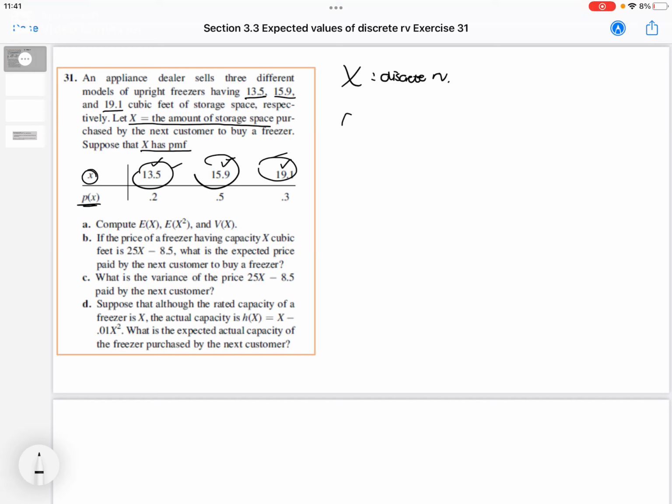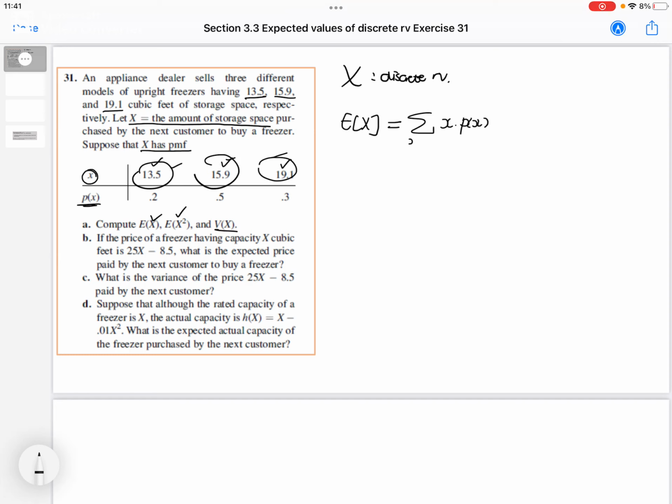Okay, so we will do questions A, B, and D. A says compute the expected value of x. So we'll do the expected value of x and the expected value of x squared. We will leave out the variance for the next video. So for the expected value of x, we firstly write down the definition.